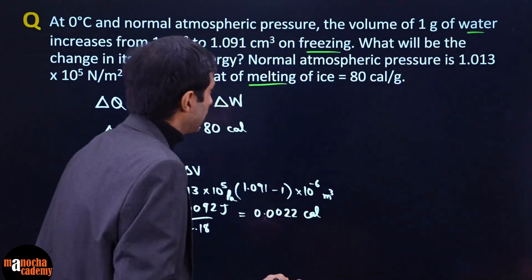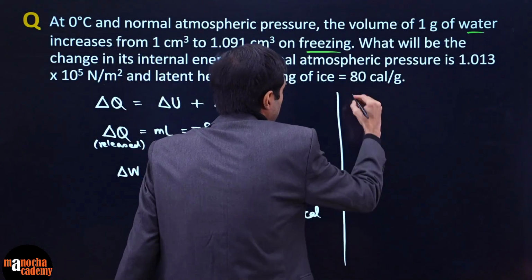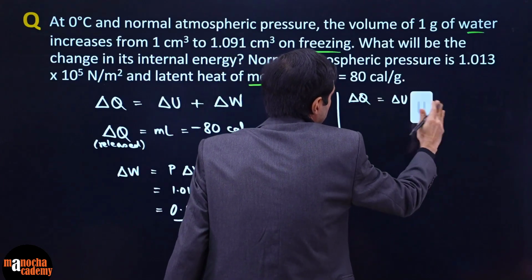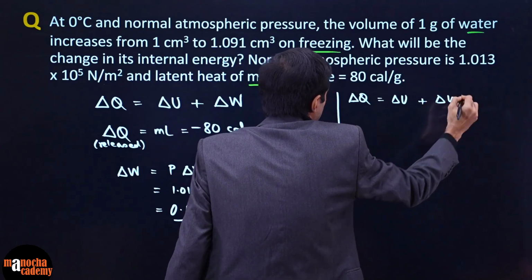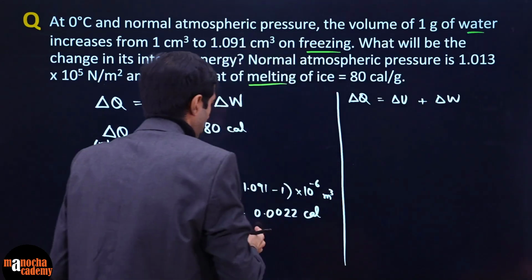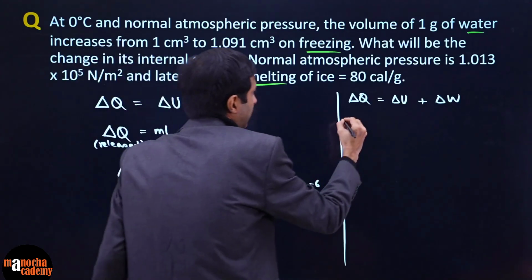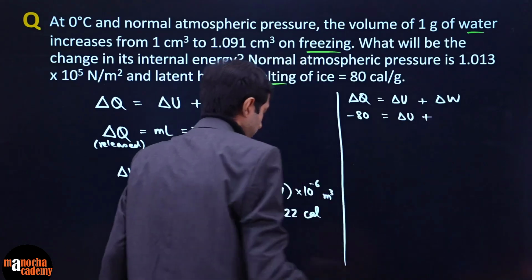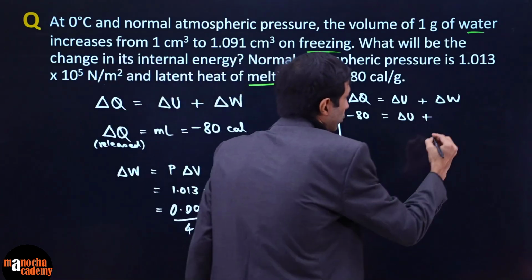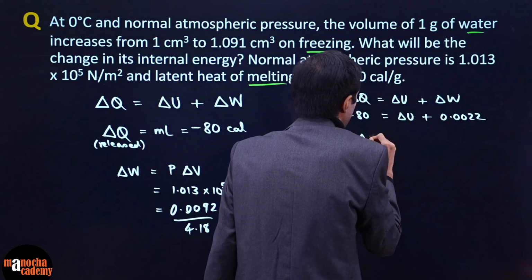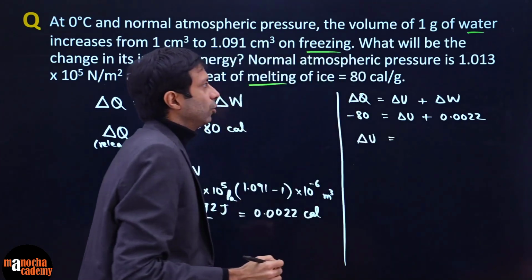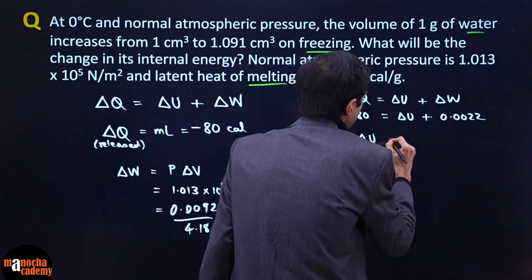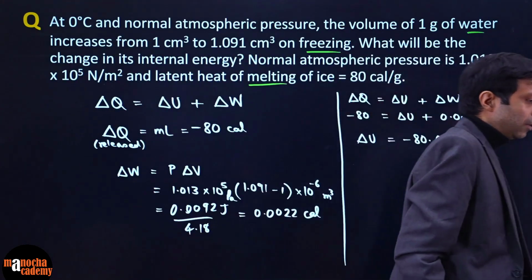Now you substitute into the equation. To find delta U, delta Q is simply delta U plus delta W. Simple stuff. Delta Q was how much? Minus 80 calories. You have to put minus 80 there. Delta U plus 0.0022. So what will delta U finally be? Delta U will be minus 80, and a minus over there. Is this the correct answer?